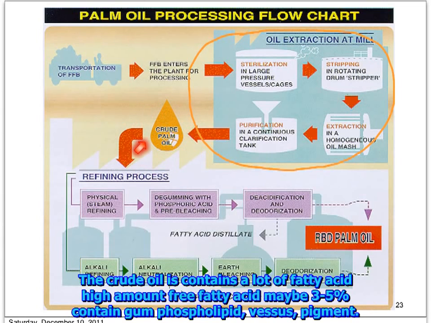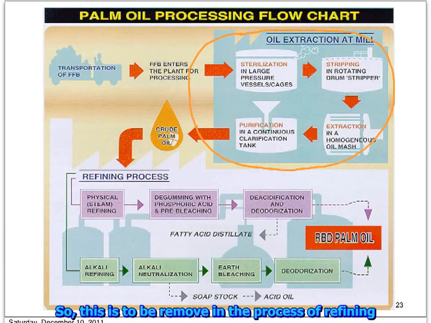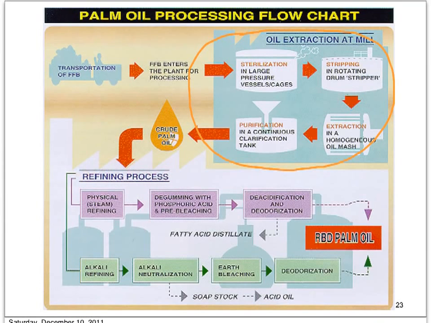But at this stage, the crude oil still contains a lot of fatty acid, a high amount of free fatty acid, maybe between 3 to 5%. It contains gums, phospholipids, waxes, pigments. So these need to be removed in the process of refining.